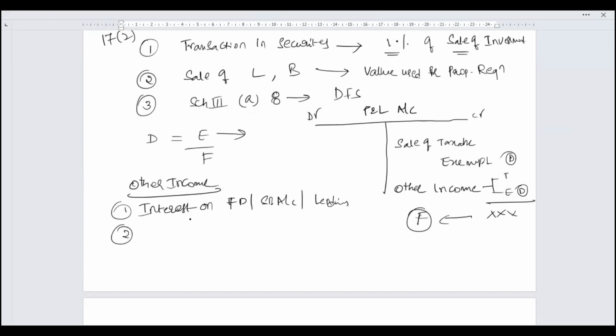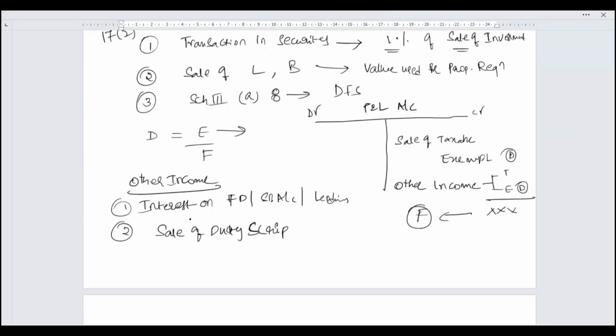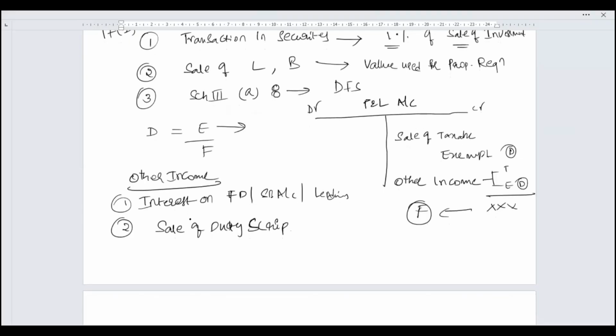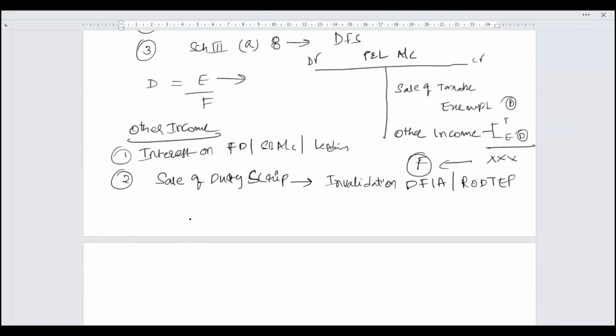Then you have sale of duty-free duty scripts. That duty script, where we have one is your advance authorization, then we call invalidation, duty-free import authorization, or RODTEP script under customs. Now this comes from customs law.